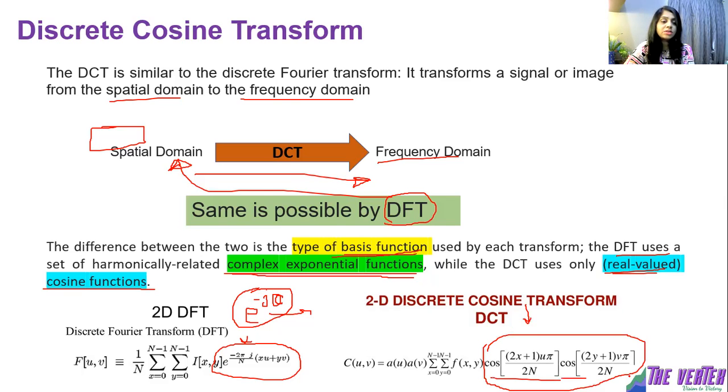And this cos term is a real function, it is real valued, there is no imaginary value included. Hence it is said that DFT is complex and DCT is a real valued function. So this is the difference between DCT and DFT. Otherwise, both transform an image from spatial domain to frequency domain.